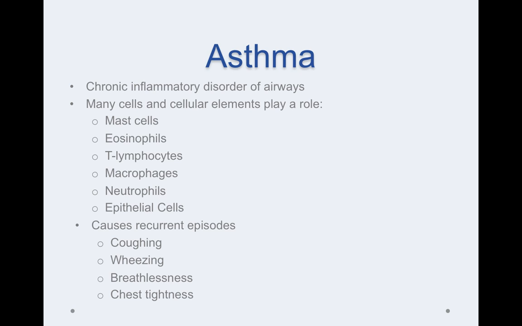This inflammation causes recurrent episodes of symptoms including wheezing, coughing, breathlessness, and chest tightness. This may also cause bronchial hyperresponsiveness, which will be further denoted in this presentation as BHR.